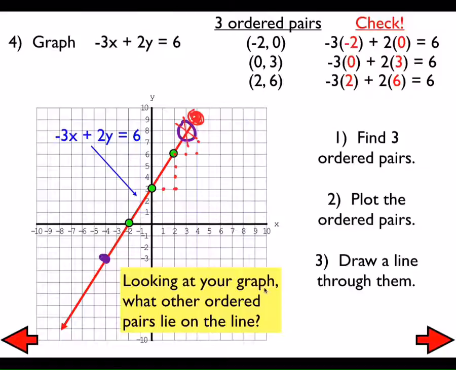I can also go down 3 over 2, down 3 over 2, down 3 over 2, and I got to this one. Can I go down 3 over 2 again? Yeah. Tell me the ordered pair for that. Start from here. Go down 3 over 2.